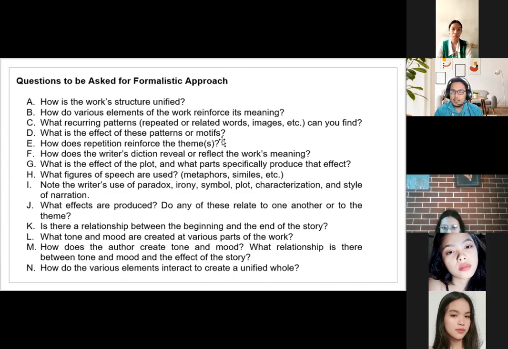Again, it doesn't matter who the author is, what the social backgrounds of the author are, or what the things outside the context are, but it is merely talking about the context itself. What are the images? What is the imagery used? What are the particular figurative languages used? It's all about the structures and the styles or the forms of the text when it comes to the formalistic approach.